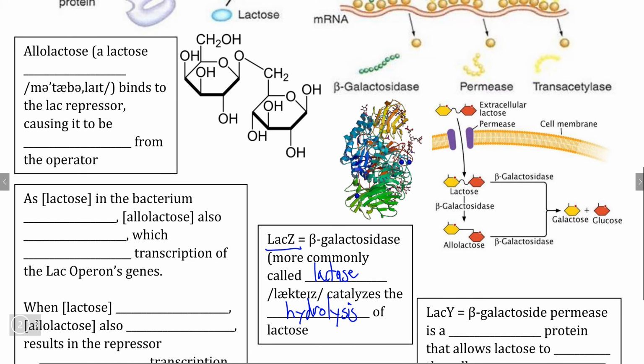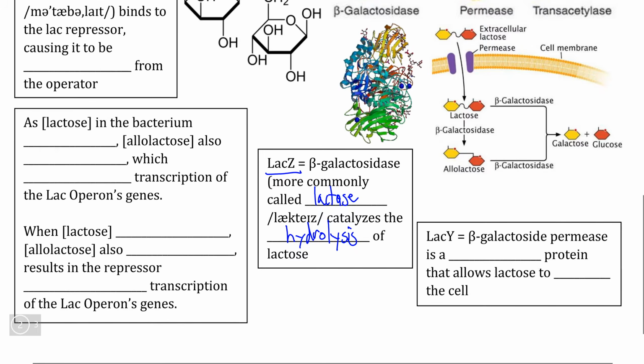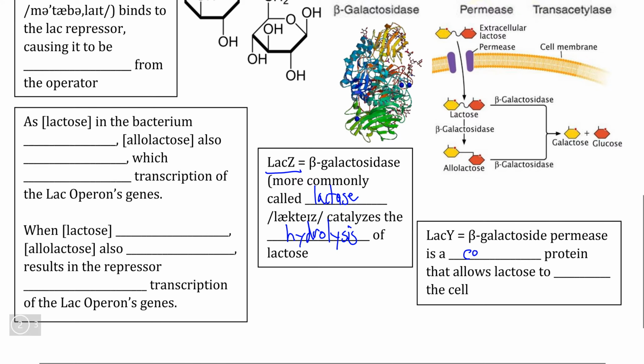However, as a disaccharide, we know that lactose is not able to cross a cell membrane without the aid of some sort of carrier protein, and that's exactly what LAC-Y is, which is beta-galactoside permease, referring to the carrier protein with an active site specifically to allow lactose to be able to enter the bacterium and be metabolized appropriately.